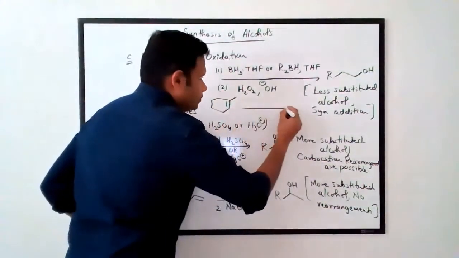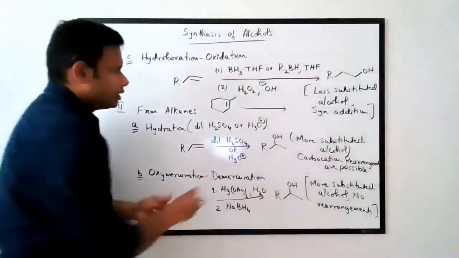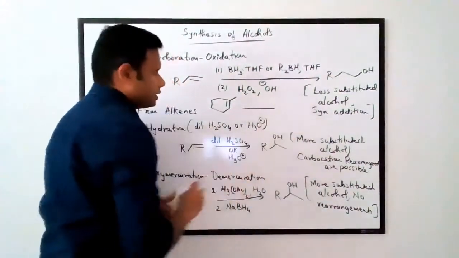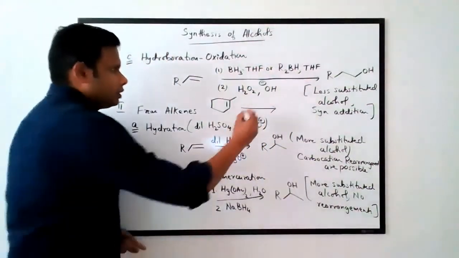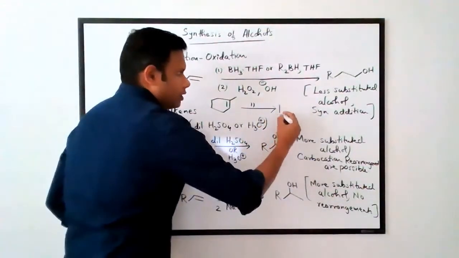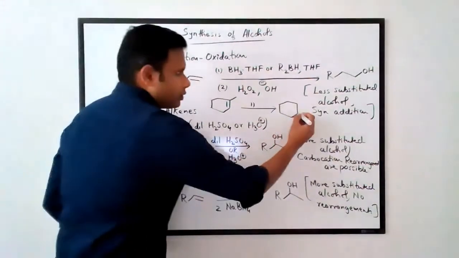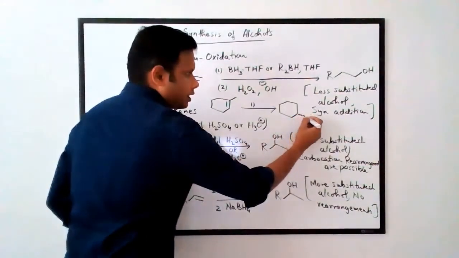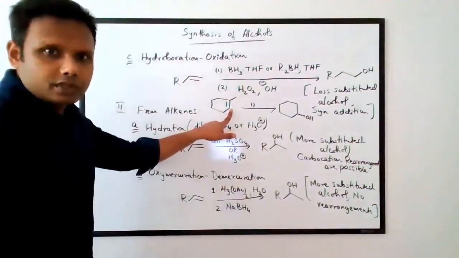And if we do the hydroboration oxidation reaction here, so the reagent is the same, what we have at the top here. If we use those reagents here, then the product that we get is going to be an alcohol at the less substituted carbon.